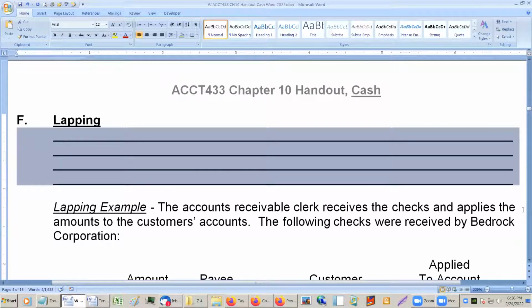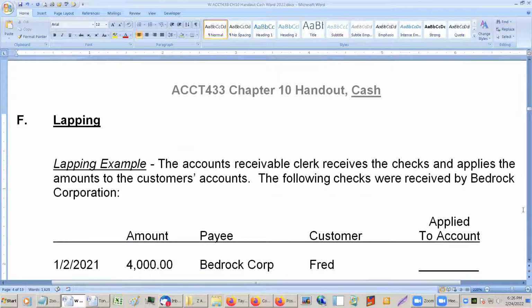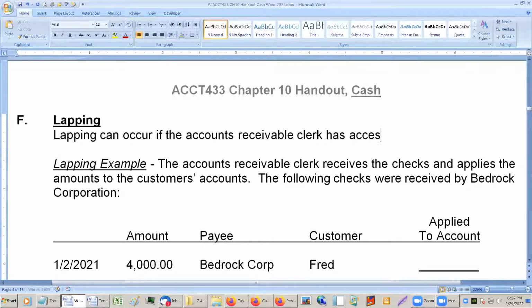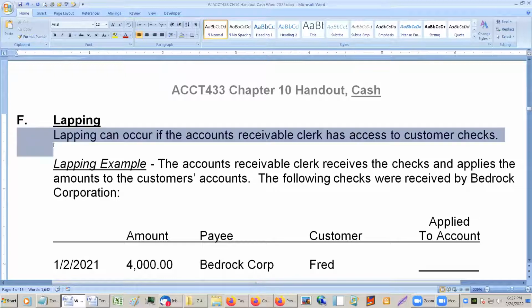Lapping. Lapping can occur if the accounts receivable clerk has access to customer checks.